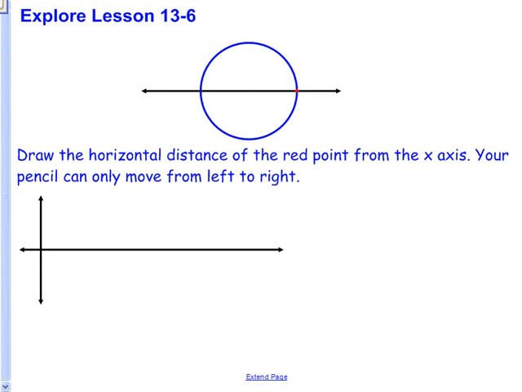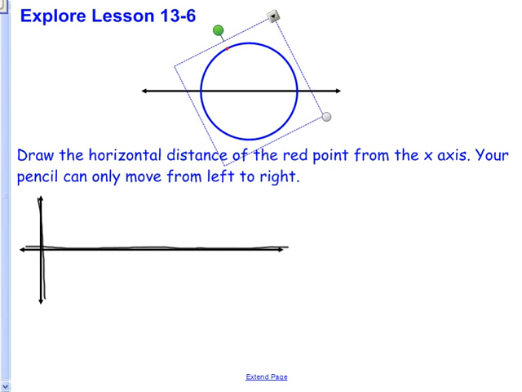Okay, well, how about this one? Draw this horizontal axis down below. What I want you to do is, when I rotate this red dot on the circle, moving your pencil from left to right, show me the distance from the x-axis. So if I rotate this like this, right here the distance is 0, but the distance is growing, growing, growing, getting further away.